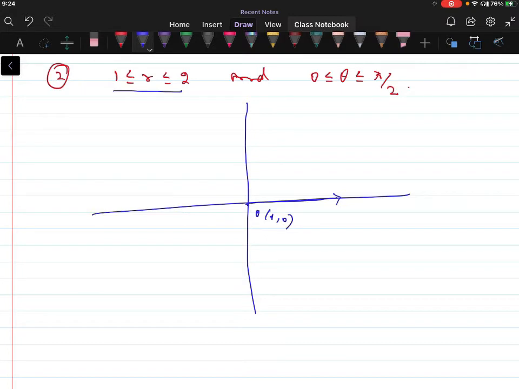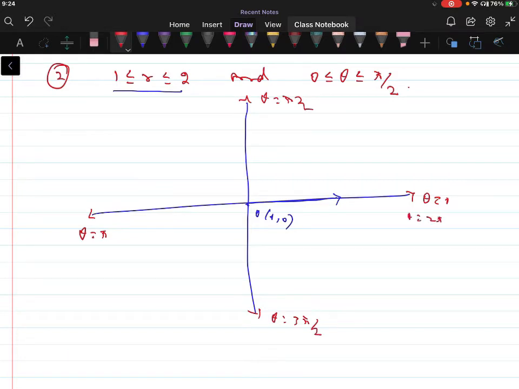This is the initial ray, the x-axis, theta is equal to 0. The y-axis is theta is equal to pi by 2. The negative x-axis is theta is equal to pi. The negative y-axis is theta is equal to 3 pi by 2, 270 degrees. Then theta is equal to 2 pi.